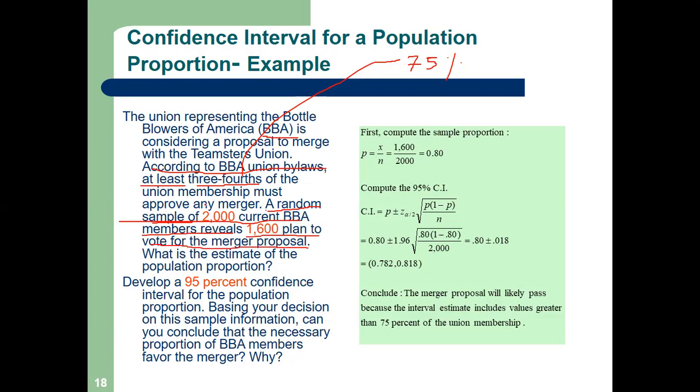That means out of 2000 members, 1600 say yes, we are going to vote for the merger. Clear? What is the estimate of the population proportion? That is number one. Number two, all of you read here: develop a 95% CI for the population proportion.